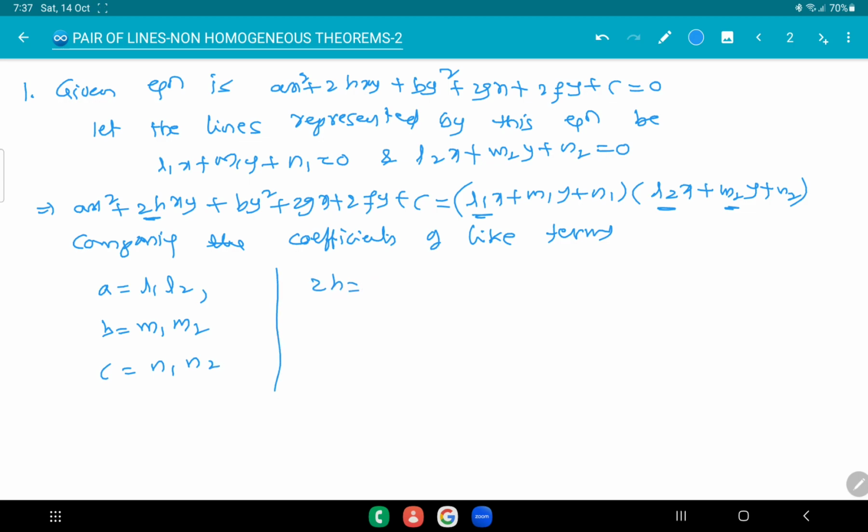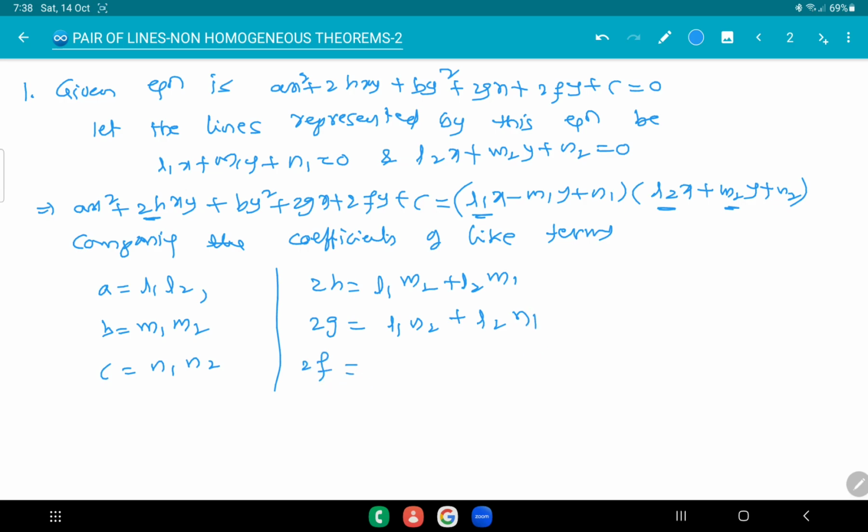Quotient of xy, 2h is equal to L1 M2 plus L2 M1. Next, 2g is the quotient of x, obtained by multiplying L1 with N2 and L2 with N1, so L1 N2 plus L2 N1.